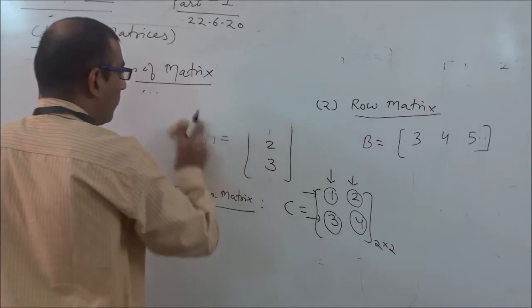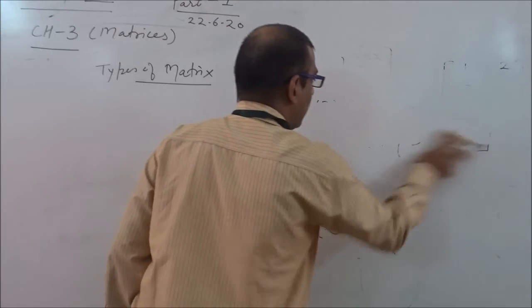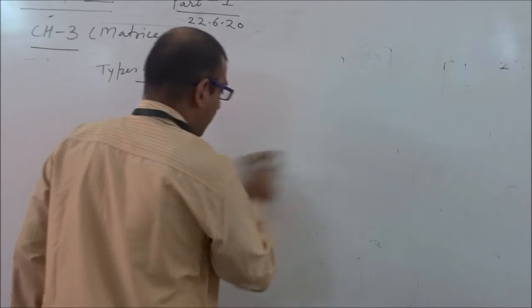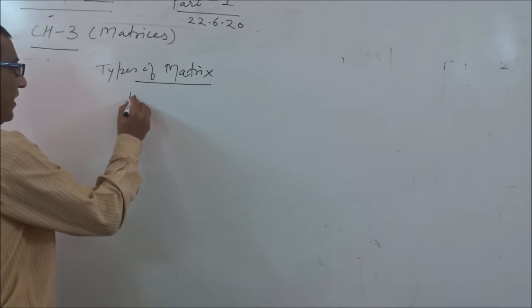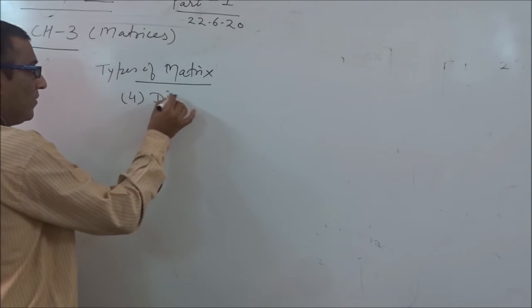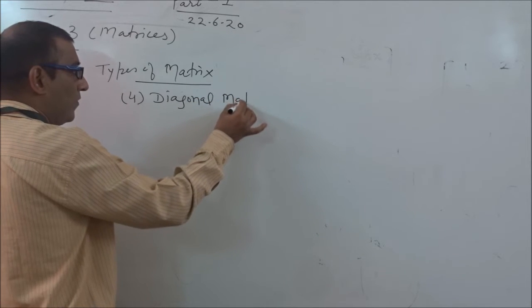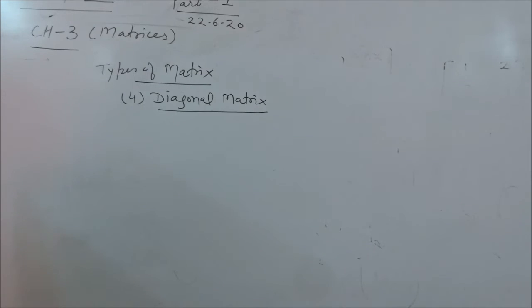So after column, row and square matrix, I will continue with the next type of matrix, which is known as diagonal matrix. So what is the meaning of diagonal matrix?